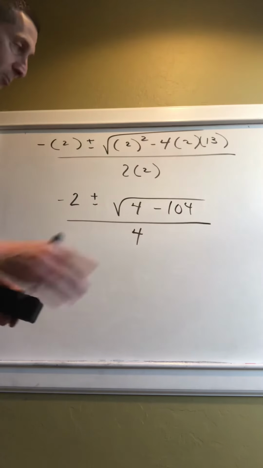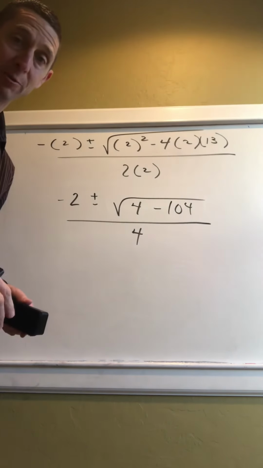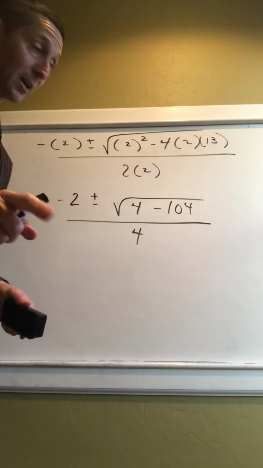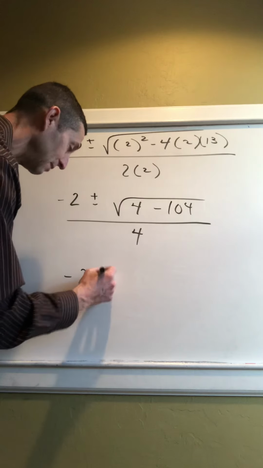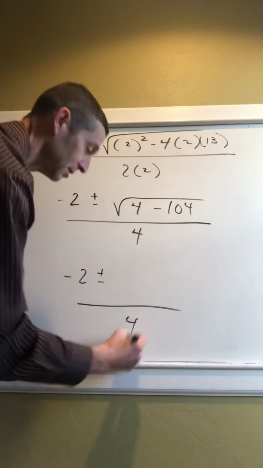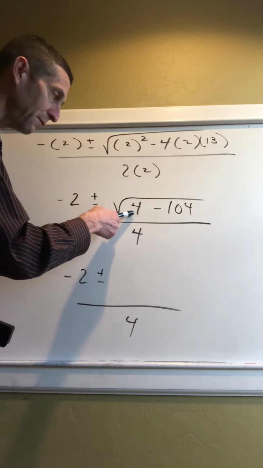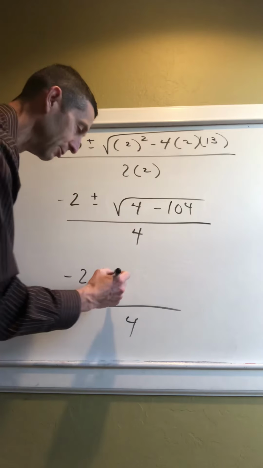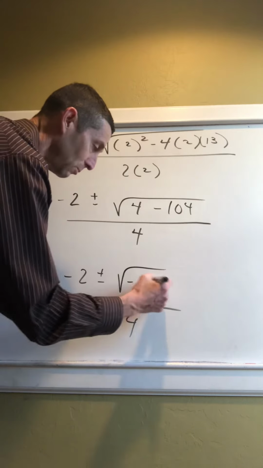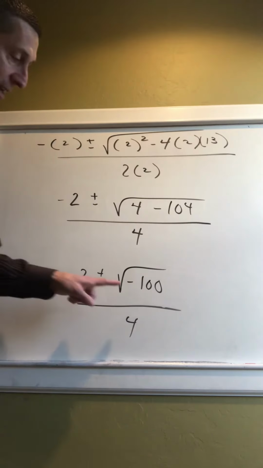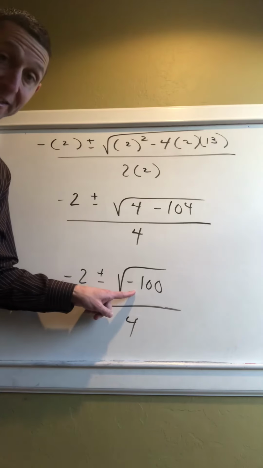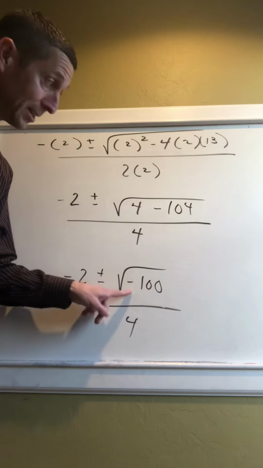Right about now, when you start to clean this up, is when you realize you've got an issue. You've got problems. This is negative 2. This is still plus or minus. This is 4. But this is a 4 minus 104, which means you have a negative answer. Inside your square root sign is a negative sign.